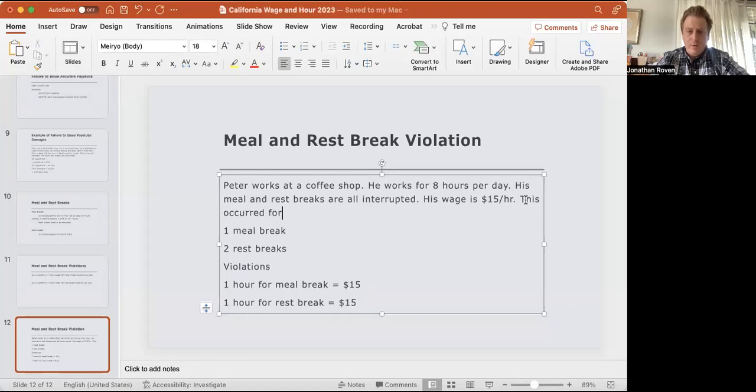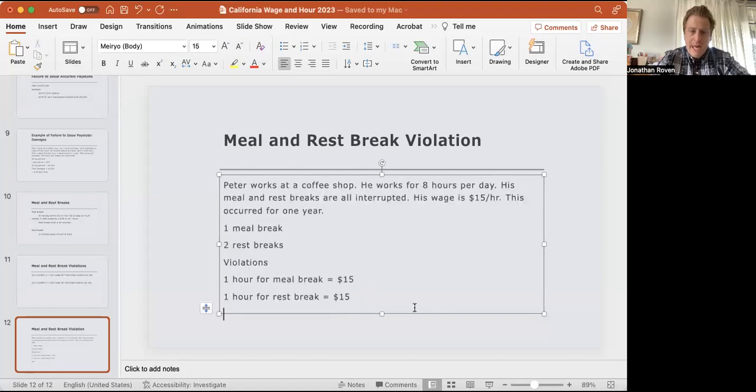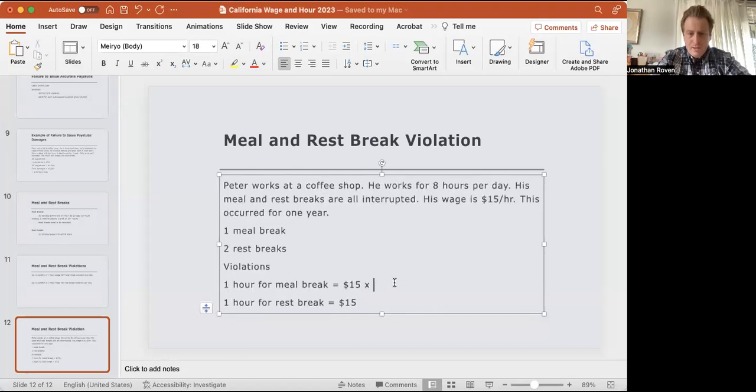Let's say this occurred for 1 year. So that's a total of $30 per day, for 5 days per week.